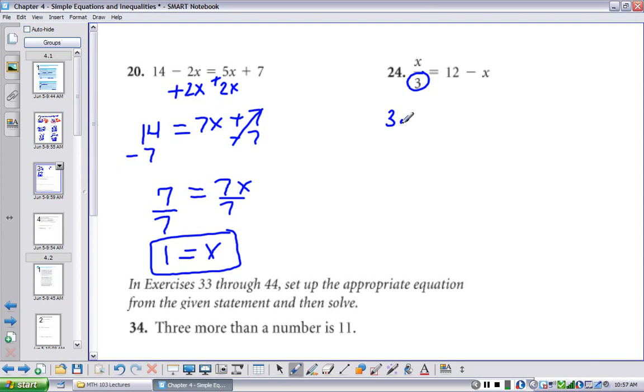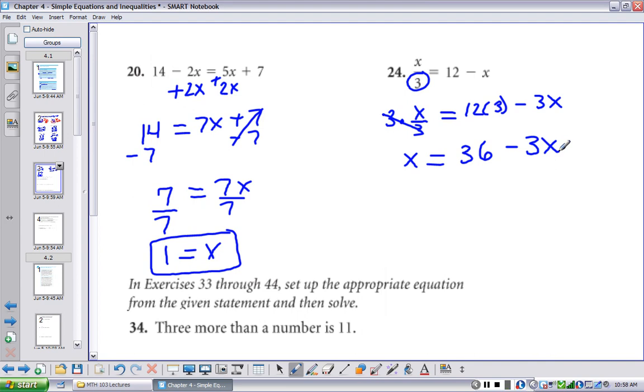I need to multiply every term throughout this whole equation by 3. Every term. So here the 3's cancel. I have x equals 12 times 3 is 36 minus 3x.